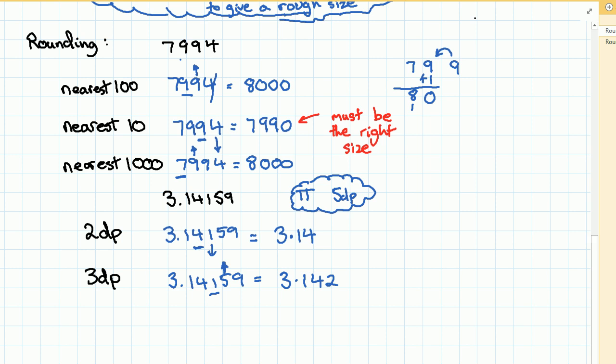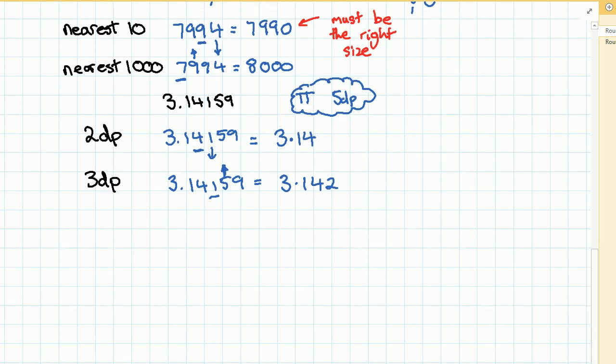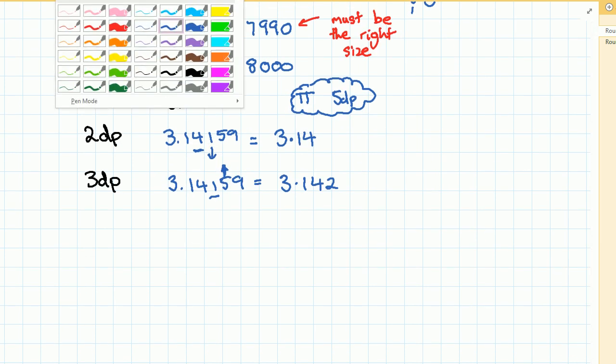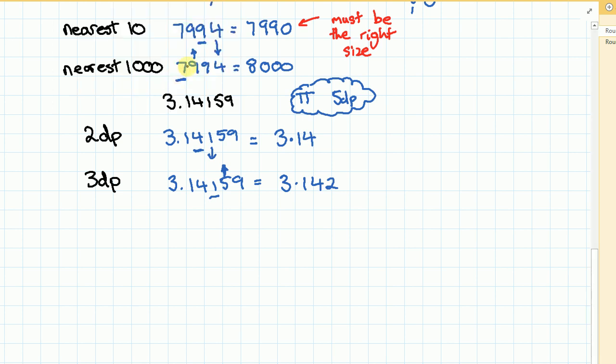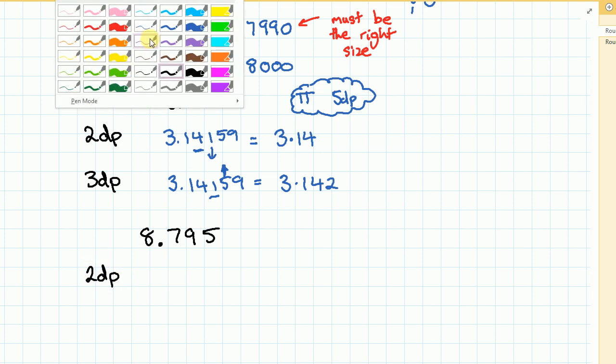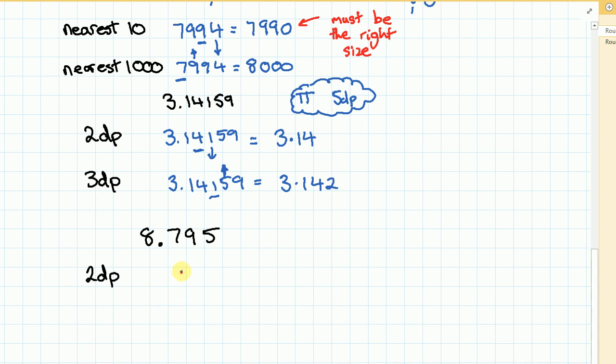One little quirk we didn't cover in the lesson is what happens with the following number. Let's go for 8.795, and I want to round that to 2 decimal places. So to 2 decimal places, I have my 8.795.